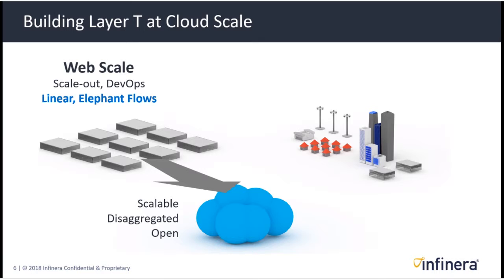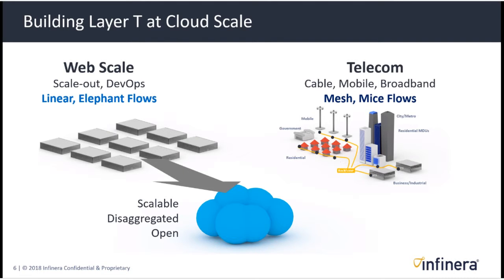Web scale means very linear topologies and very large network flows, so-called elephant flows. Elephant flows start and end in the same place, A to B, and they don't need multiplexing or switching in the network. They just need bandwidth, and on a massive scale. They're looking for a network that's scalable, disaggregated, and open.